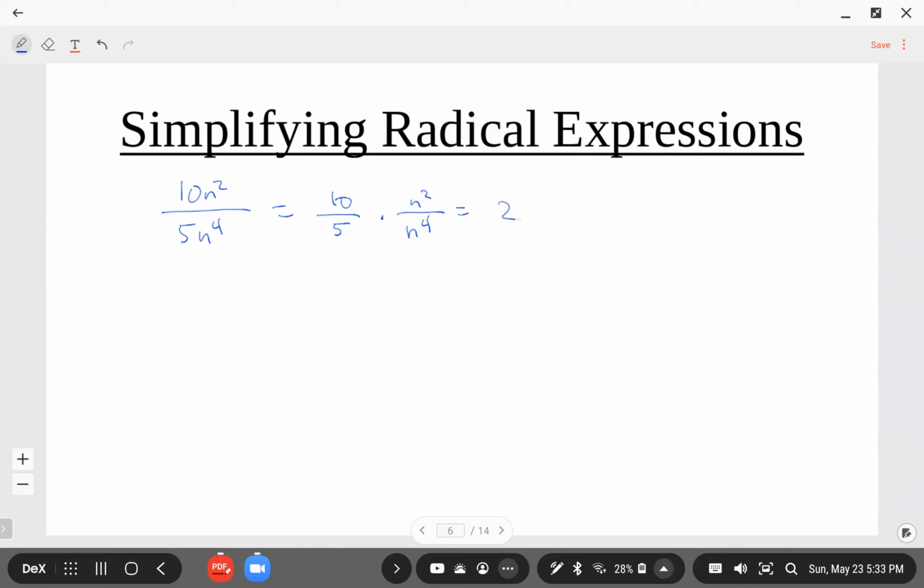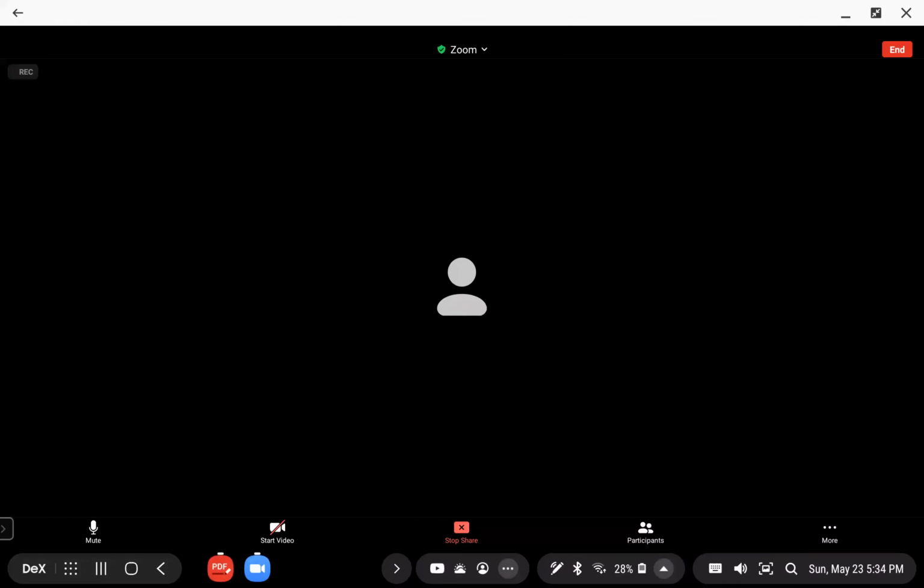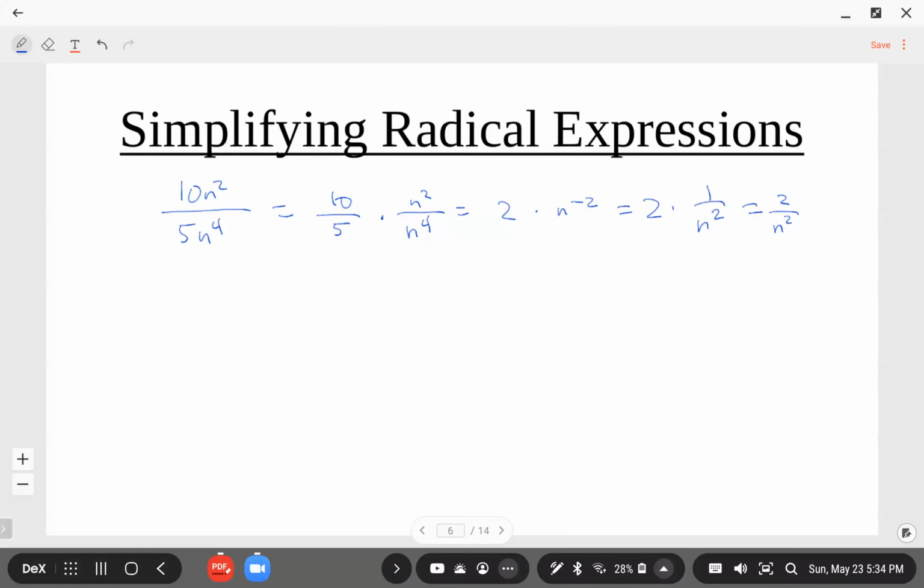Basically, 2 times n to the negative second power, which is 2 times 1 over n squared, which is 2 over n squared. All right. That is our answer here. Are there any questions on this? Any questions?